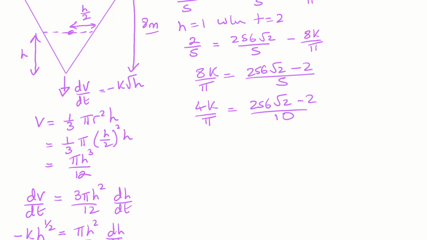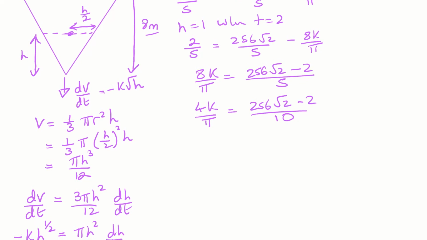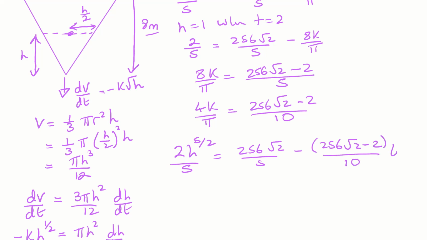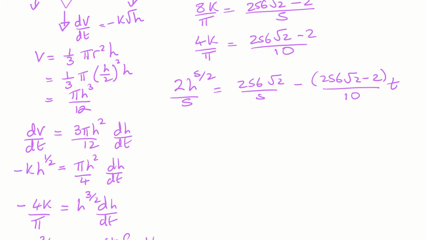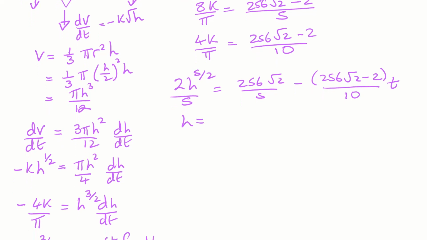Substituting back into our equation gives us 2h to the 5 on 2 over 5 is equal to 256 root 2 on 5 take away 256 root 2 take away 2 on 10 times t. And we're interested in when it's empty, h is 0.